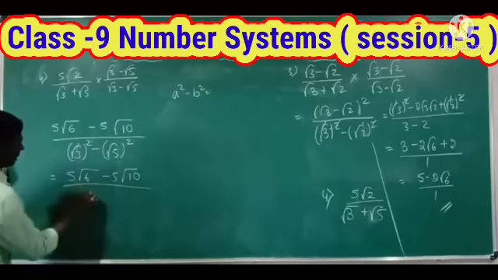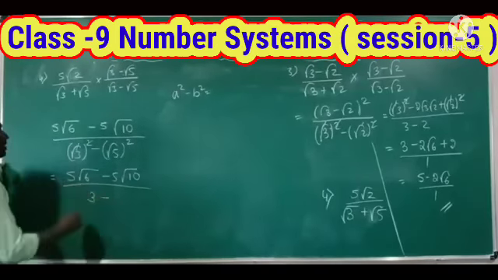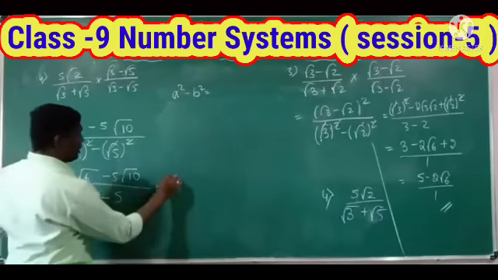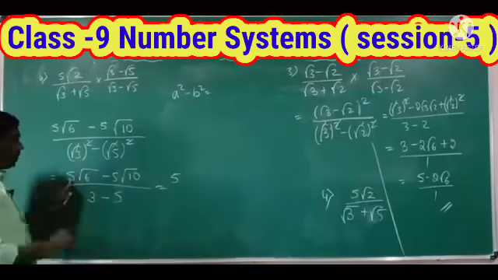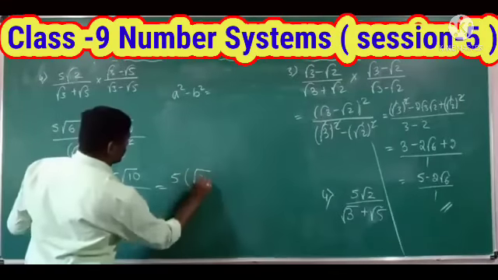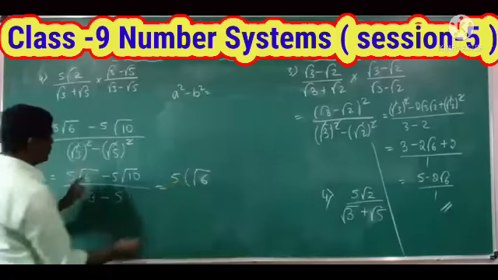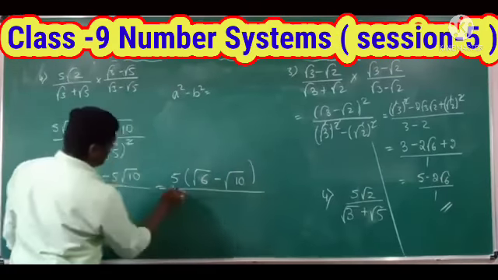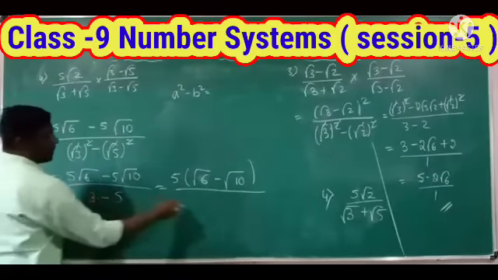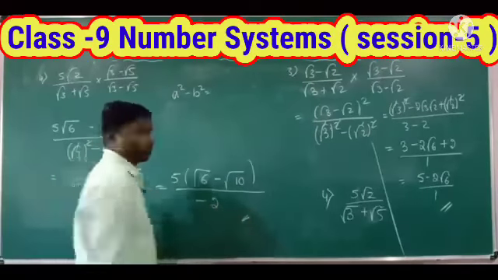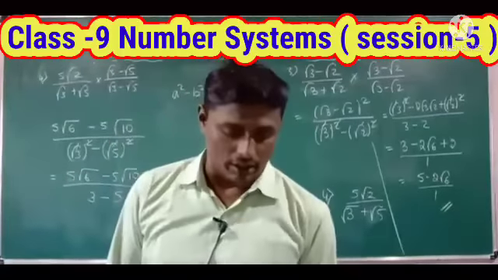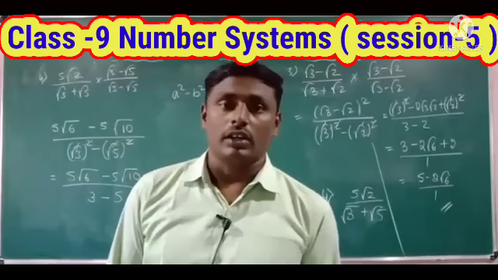Square and root get cancelled, remaining 3 minus 5. Therefore, for the final answer we will take 5 as common: 5 into root 6 minus root 10 divided by 3 minus 5, which is minus 2. So these are some examples related to rationalizing the denominator.